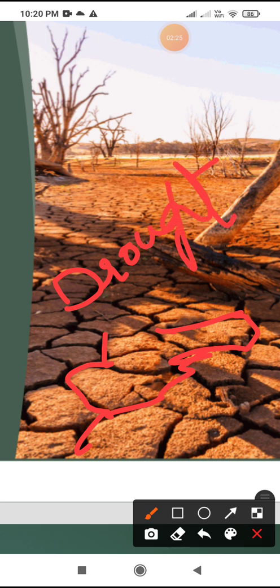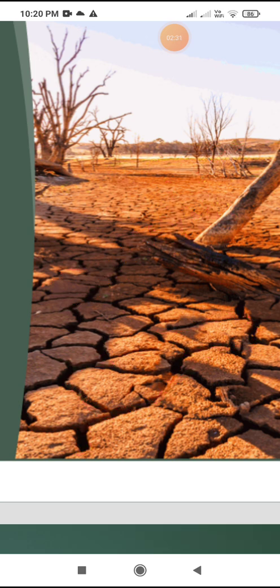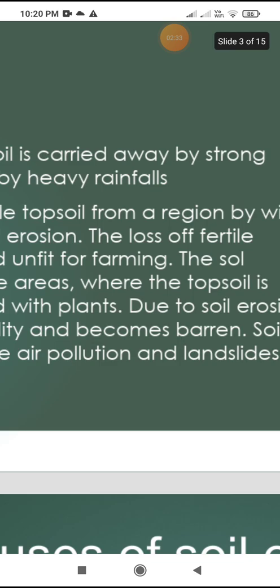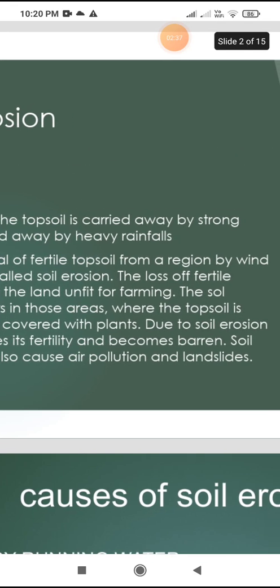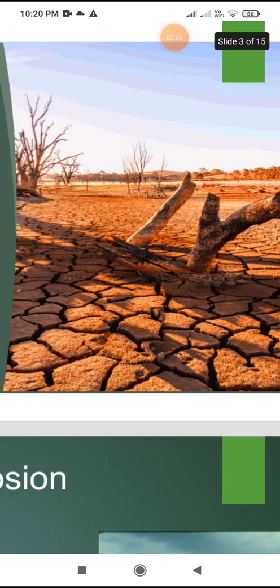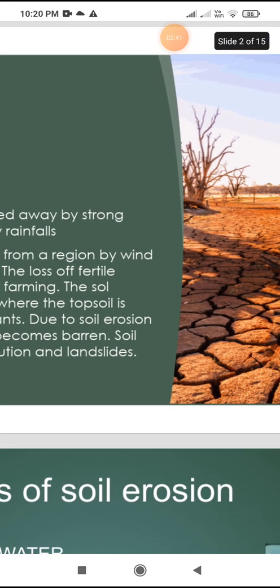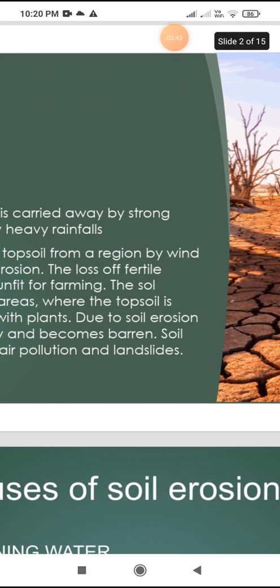So the drought is occurring because of soil erosion or desertification. What exactly is soil erosion? When you understand the scientific terms of drought and also desertification, you can understand clearly.